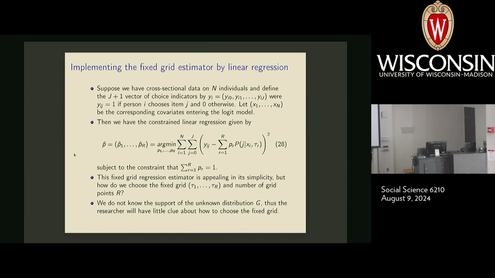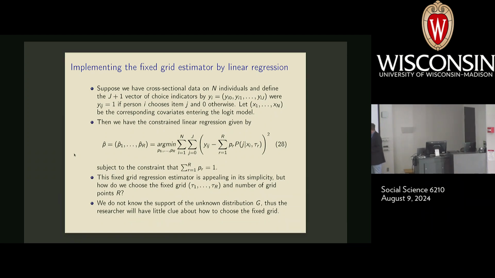Actually, it's linear least squares because there's nothing random here. I've already picked that. I'm evaluating this at the data, and that's the data. And I'm just doing this linear regression subject to this constraint here. So it's linear regression subject to a linear constraint. Very, very easy. So it's very appealing to do this.